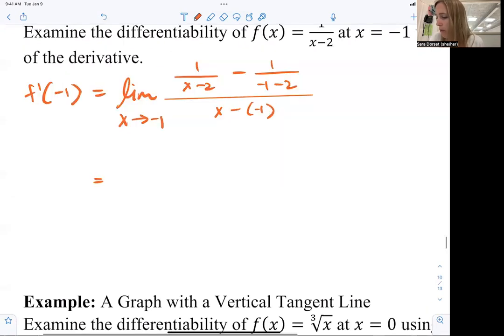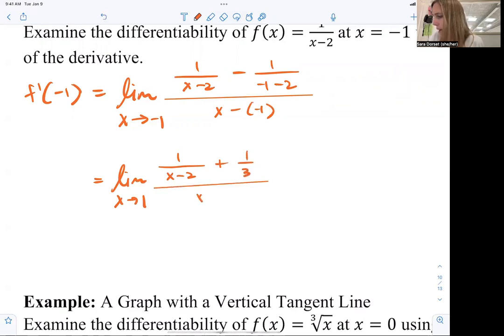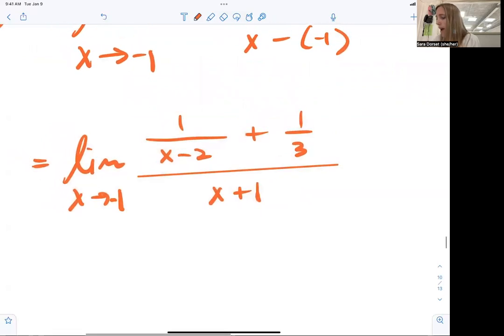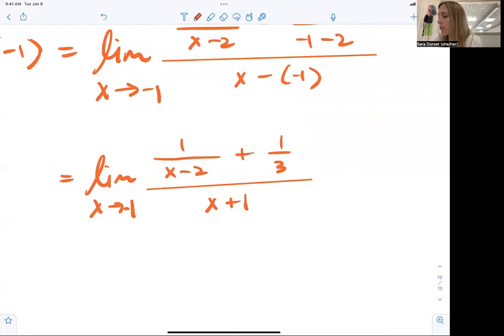So to simplify that before I do anything else, that's 1 over x minus 2, that'll end up being plus 1/3, over x plus 1. Oh, and the limit as x approaches -1, not 1. What happens if we plug in -1? 0 over 0. So we have some work to do.